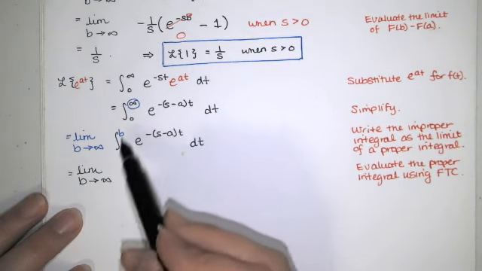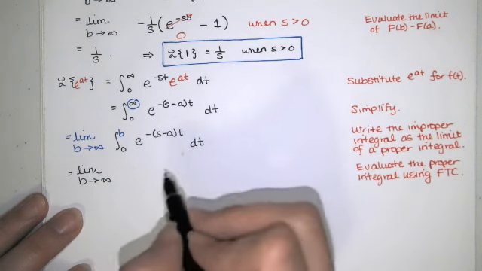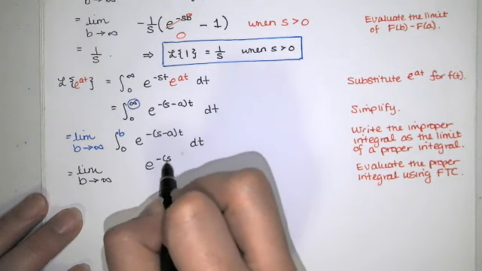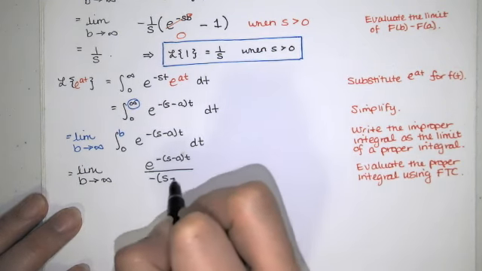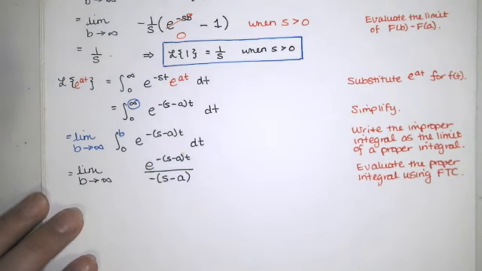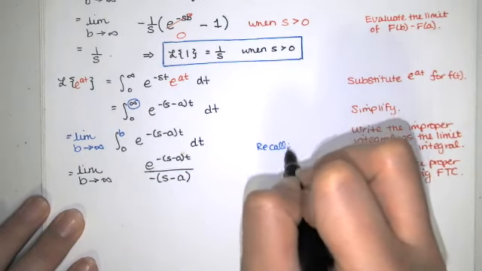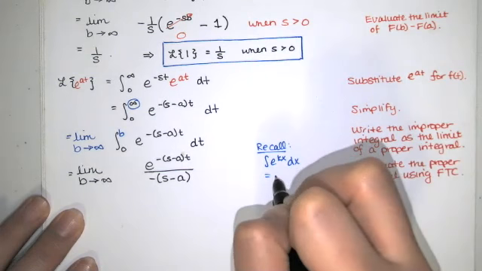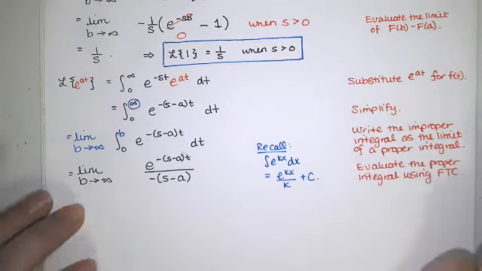The next thing we would do is take the antiderivative of this. So this is e to a constant times t. The antiderivative of e to a constant times t is e to a constant times t divided by the constant. It's really just this rule. If you have the antiderivative of e to the kx, we would say e to the kx divided by k, or multiplied by 1 over k, plus c.